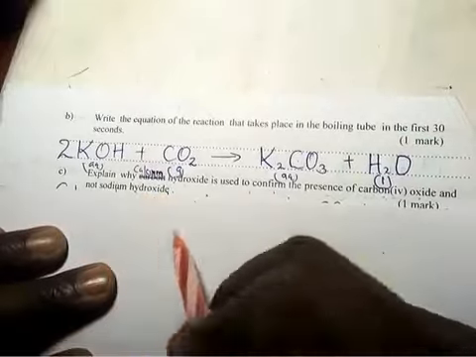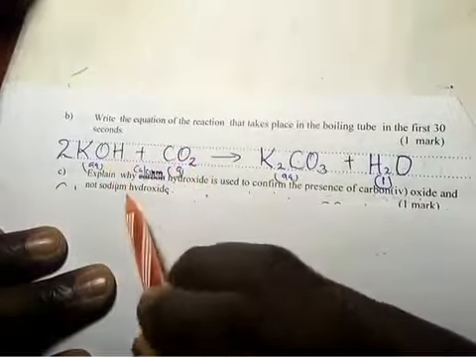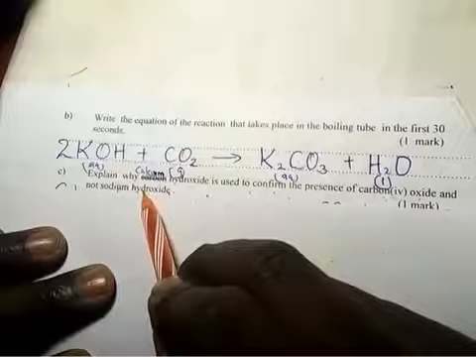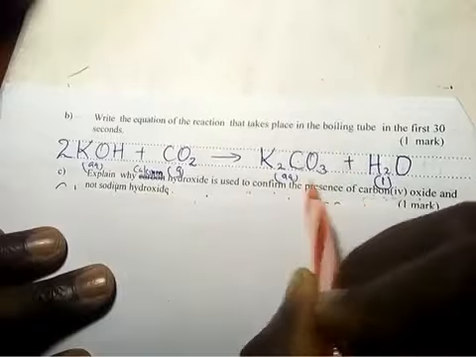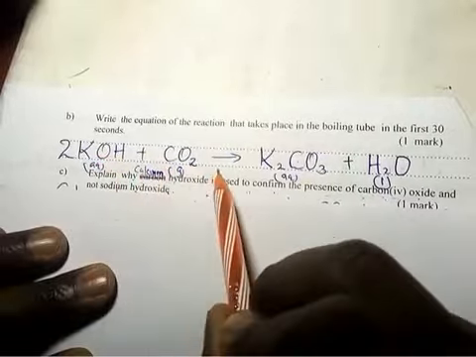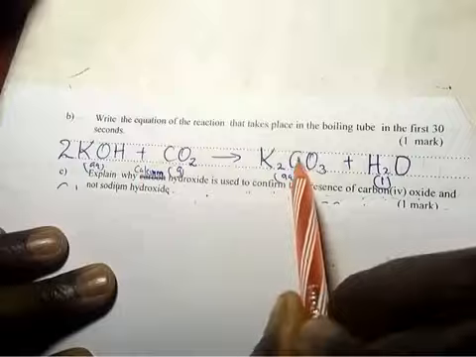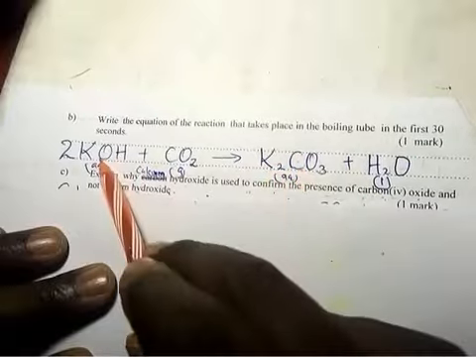I have said potassium hydroxide and sodium hydroxide cannot help us to confirm the presence of carbon 4 oxide. Why? Because the reaction between sodium hydroxide and CO2 forms a soluble salt, which is sodium carbonate, or potassium carbonate if it is this one.